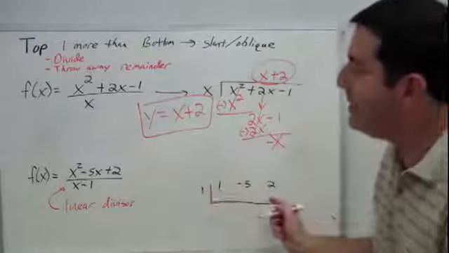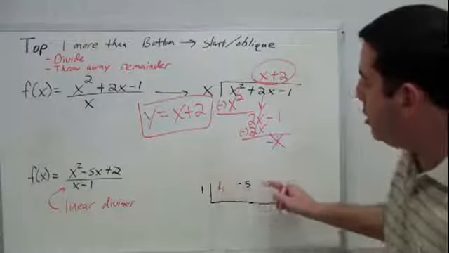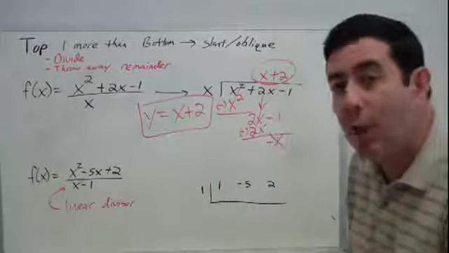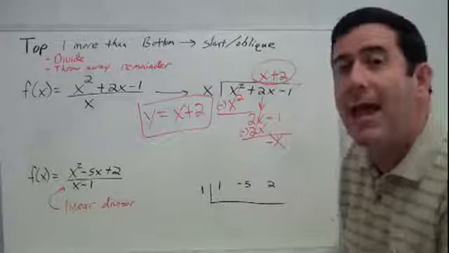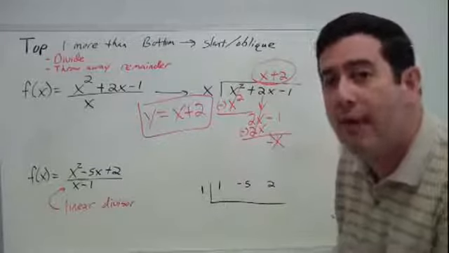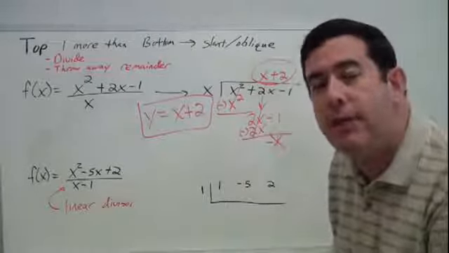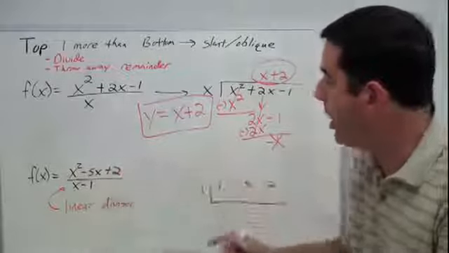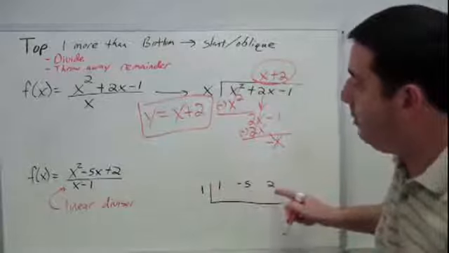I've set up my synthetic division, coefficients on the inside. Remember that signs are part of coefficients, and also remember that if you have any missing terms, you'll have to have 0 as a placeholder. We're not missing any terms, so we don't need any zeros.